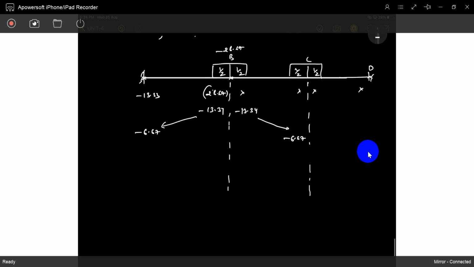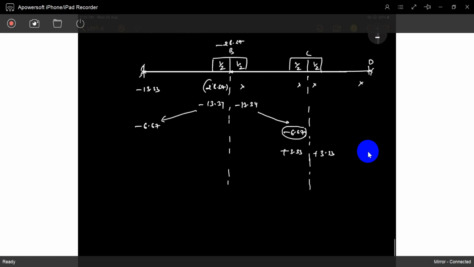Settled. But again, C joint has an unbalanced moment, so we have to settle plus 3.33, plus 3.33. The carryover moment is plus 1.67.